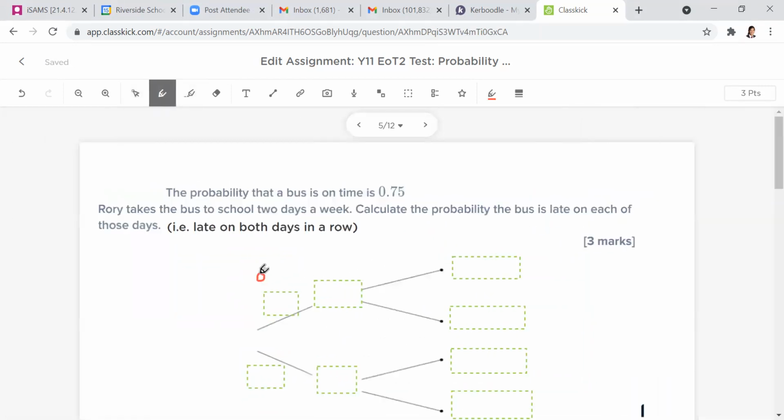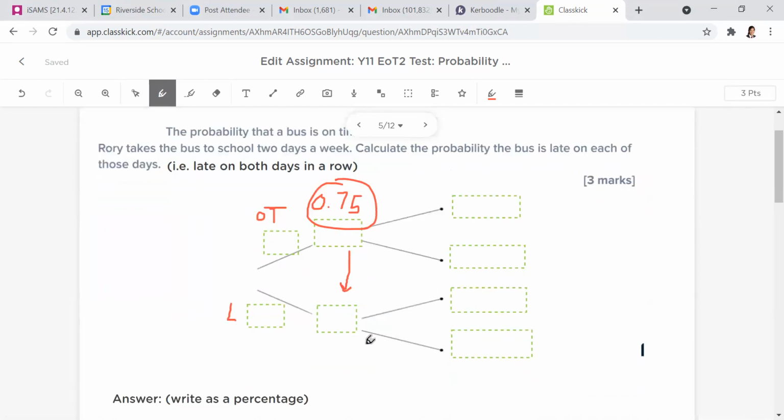On time is 0.75. If this was 0.75, what would the probability of it being late be? Anyone? If that's 0.75, what's the probability of it being late? 0.25.